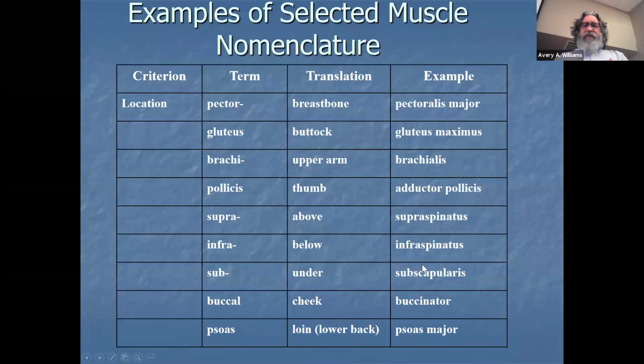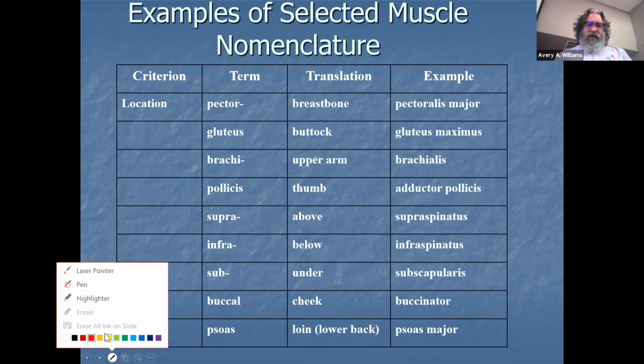You see all these muscles right here? All these muscles I've listed have been named, at least in part, on where they're found in the body, because I recognize these terms: pector, gluteus, brachii, pollicis, etc. Okay, you get that?